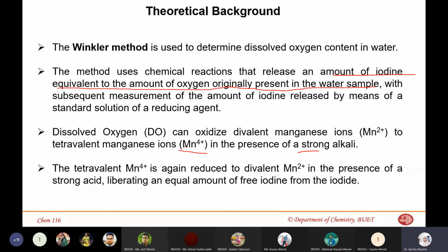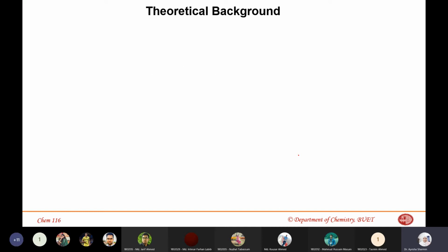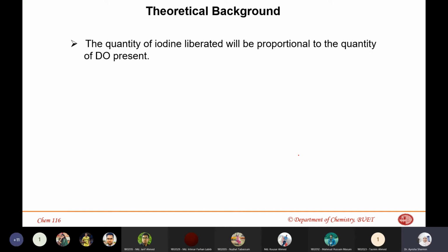However, first we are making it Mn4+, so we are oxidizing it as we need it so that we get an equivalent amount of reaction, and then it takes 2 electrons and becomes Mn2+ in acidic condition. When it does that, it liberates an equal amount of free iodine from the iodide solution. So you also have to provide iodide.